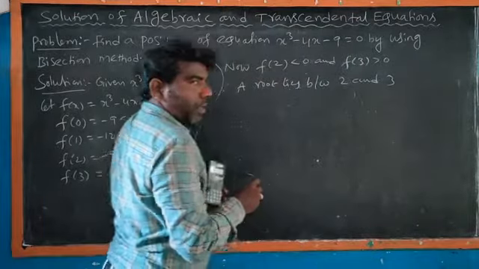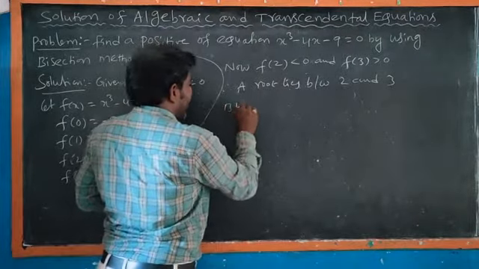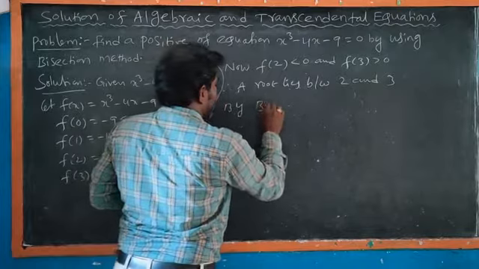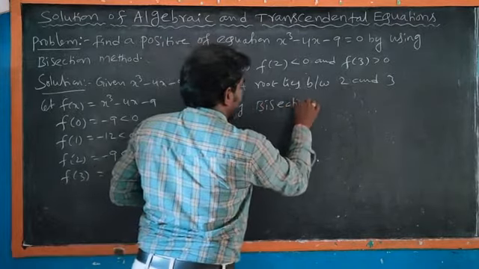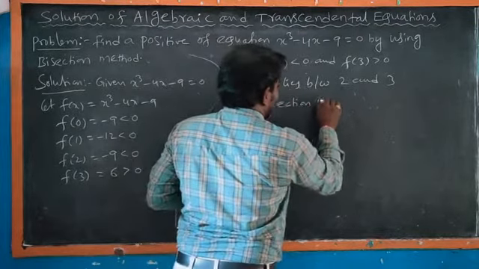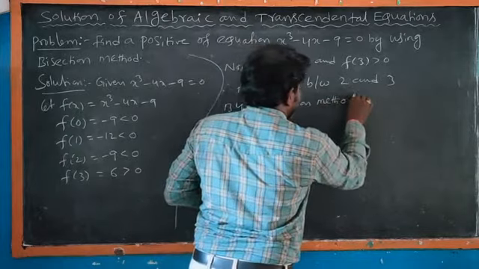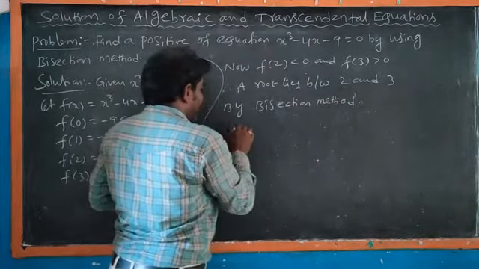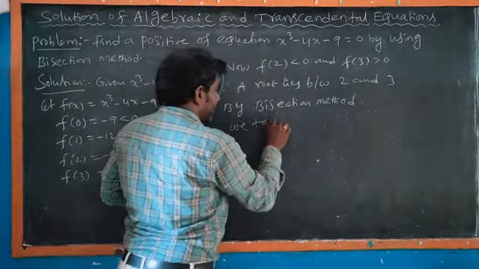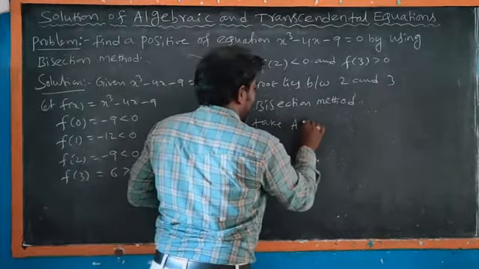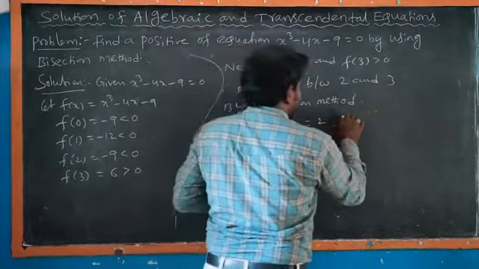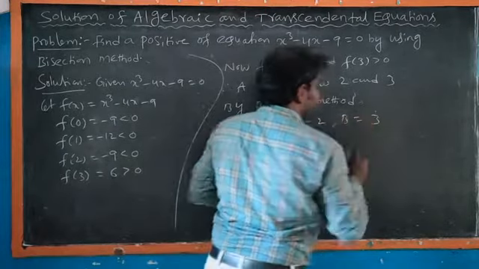Now by the bisection method, we take capital A equal to 2, capital B equal to 3.